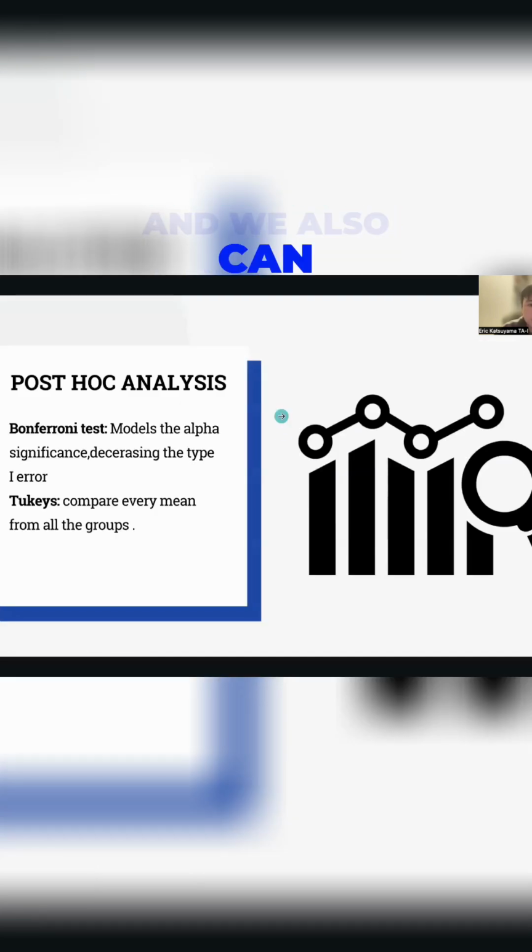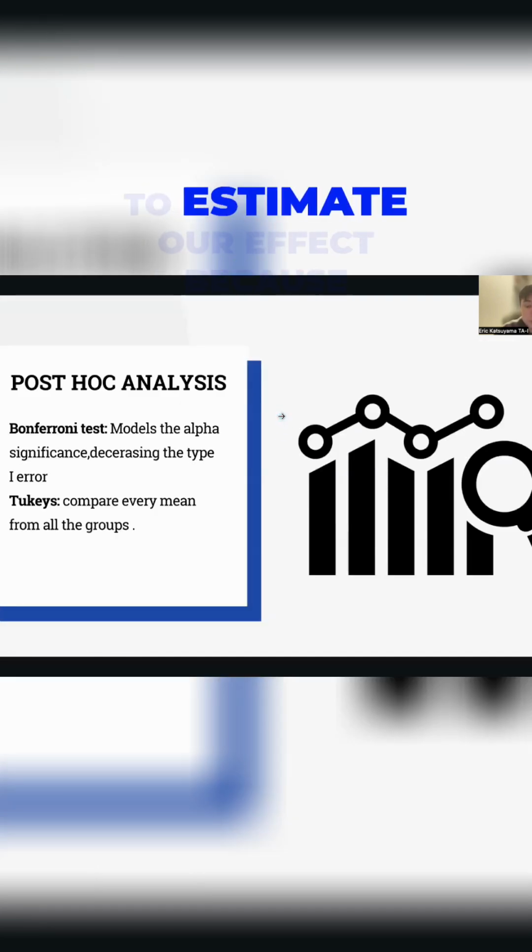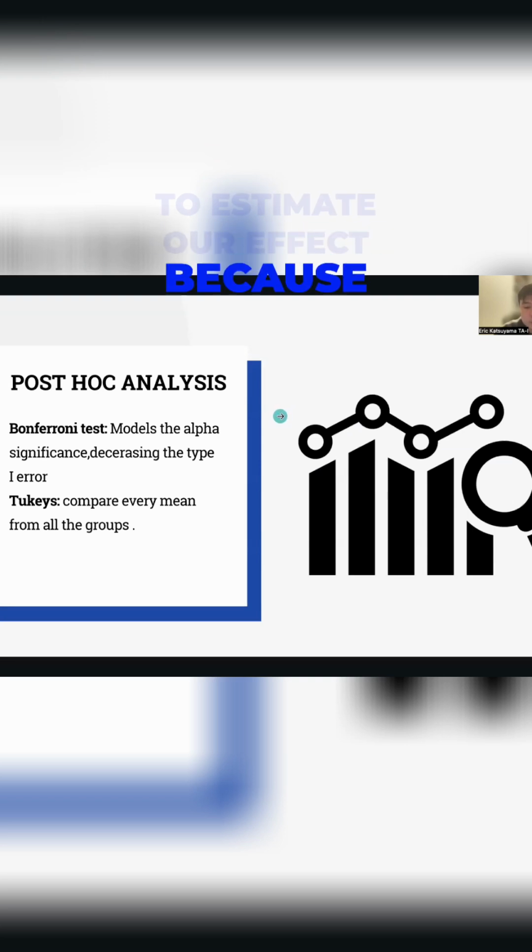We also can use post-hoc analysis to estimate our effect, because as said, our null hypothesis for the ANOVA test is that we do not have difference among the different groups.